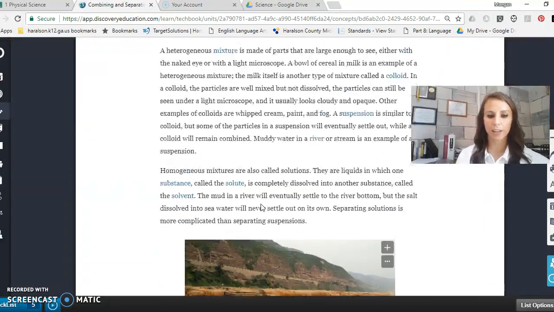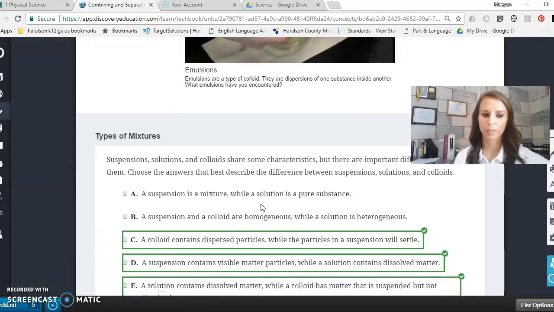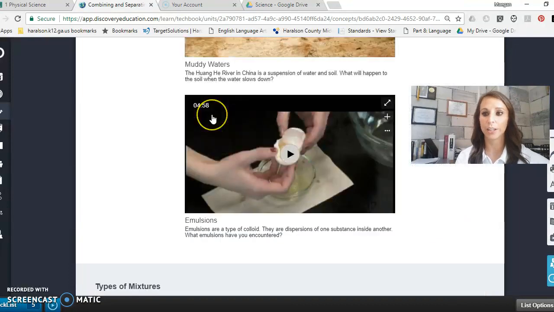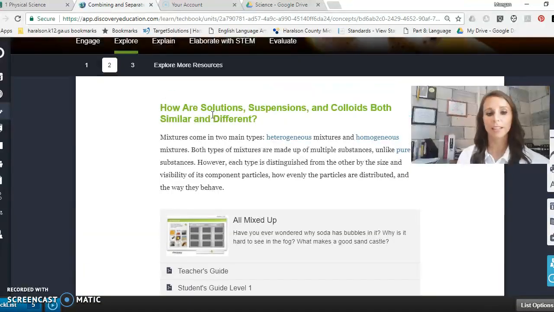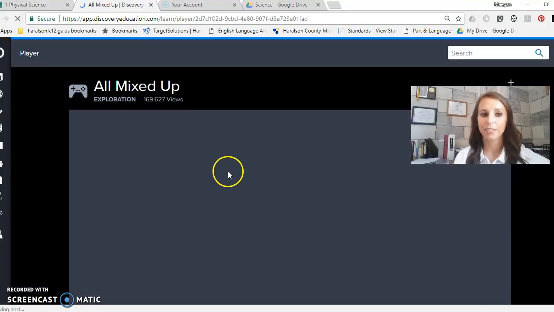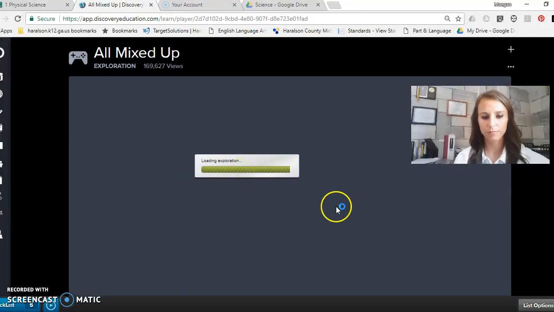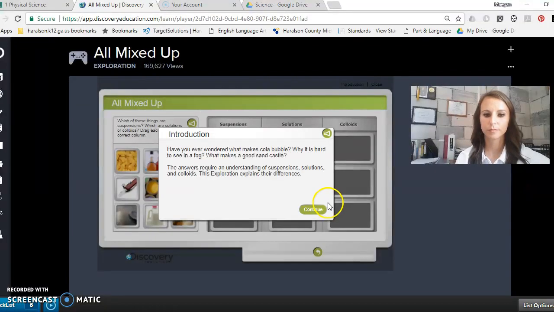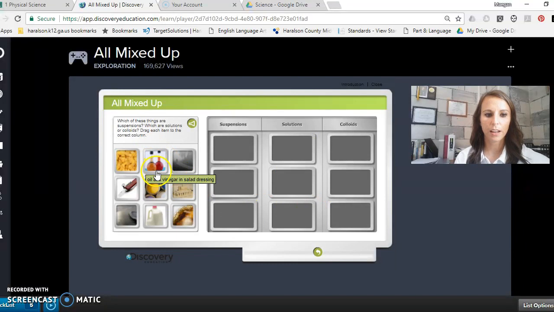It also has different little activities that they can do. So they can pull this around and manipulate these, kind of like a little interactive worksheet, and then it grades it immediately so I know if they're understanding it or not. We also have these interactive labs on here. Let that load up.